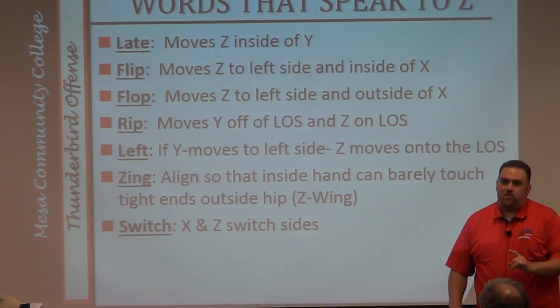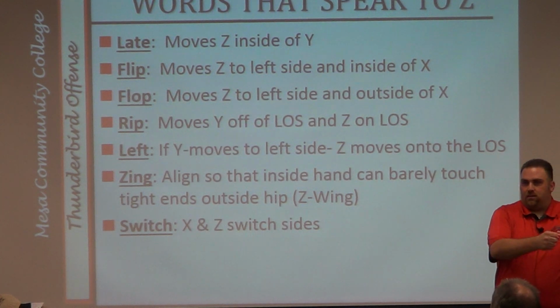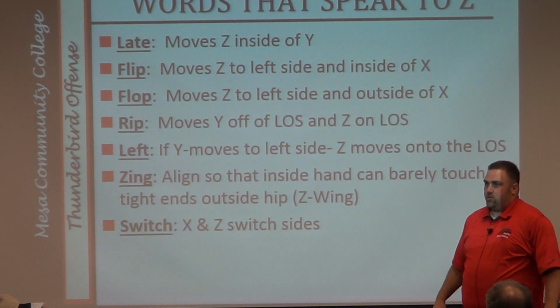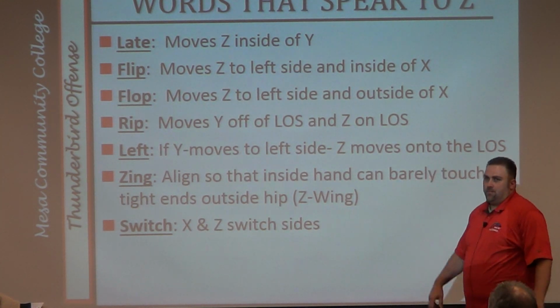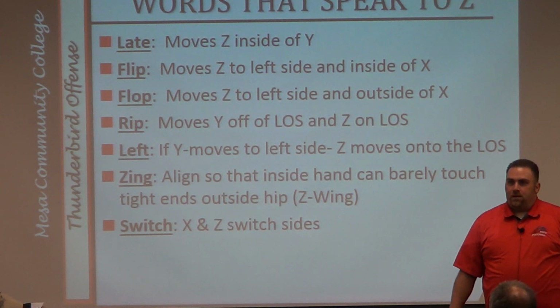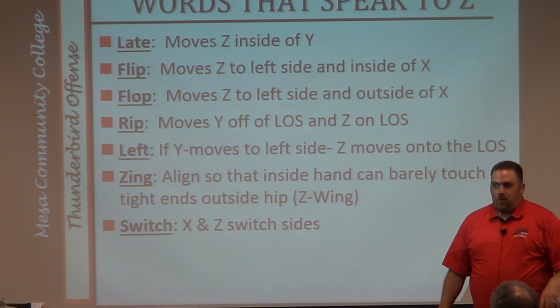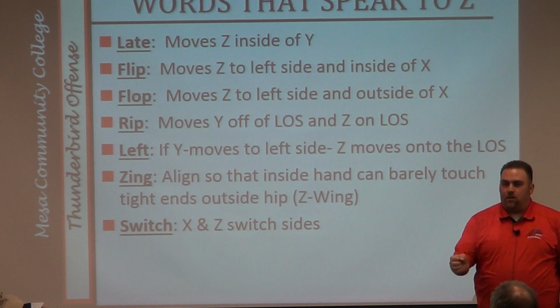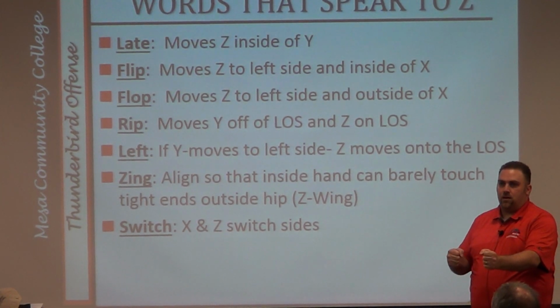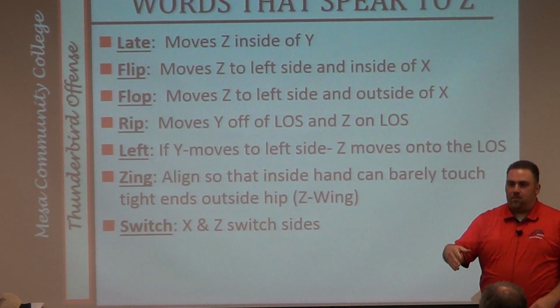If I say flop, it puts my Z outside of my X, getting my X down inside. It's another trips set. If I say rip, it's because they got someone up in my tight end's face and I want to get him off the ball so he can get into his route a little better. The Z will step up tight and come off.